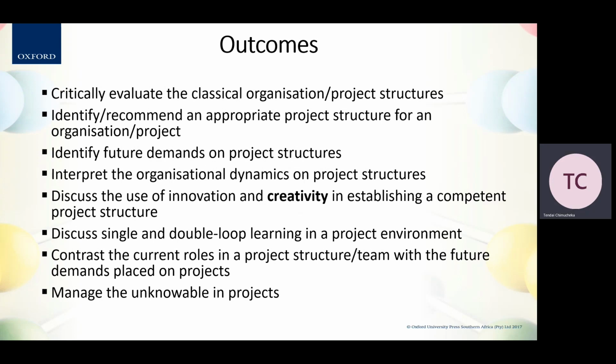You ought to be able to critically evaluate the classical organization or project structures, identify and recommend an appropriate project structure for an organization, and identify future demands on project structures. You should be in a position to interpret organizational dynamics on project structures, and discuss the use of innovation and creativity in establishing a competent project structure.